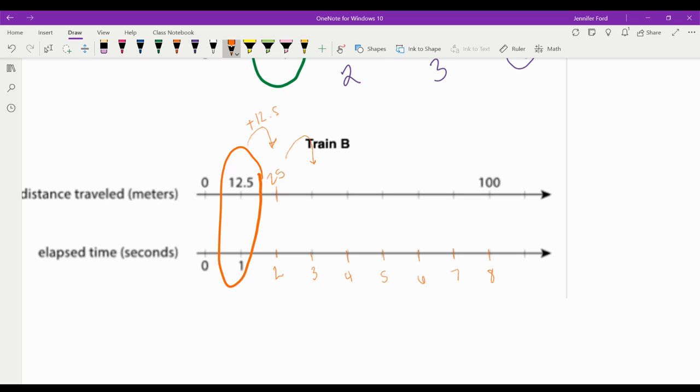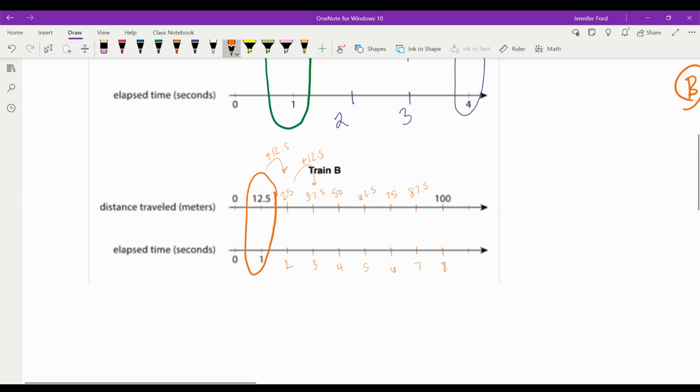And then if I add 12.5 for the next second, it's going to be 37.5. And then if I keep going with that pattern, it'll be 50. And then 62.5. And then 75. And then 87.5. And then 100. So you can do that addition pattern.